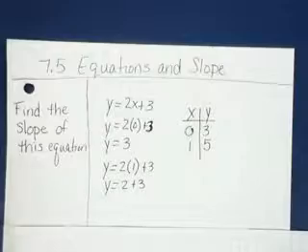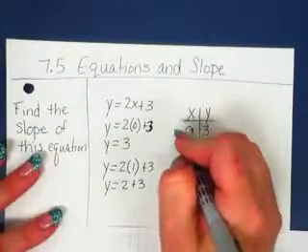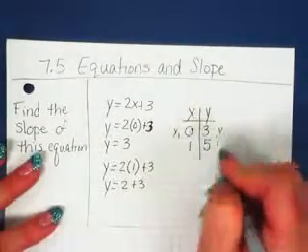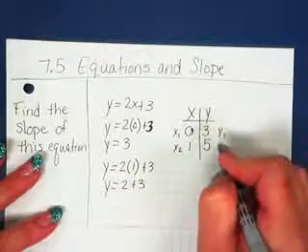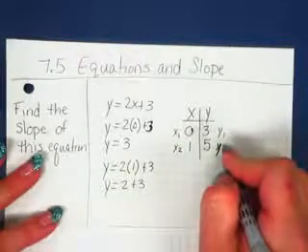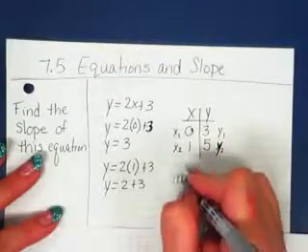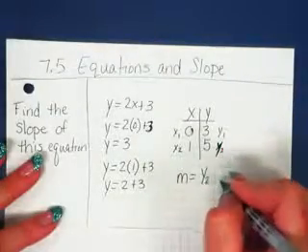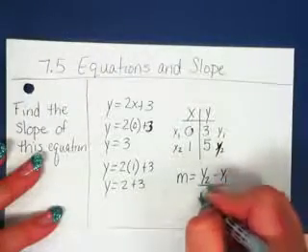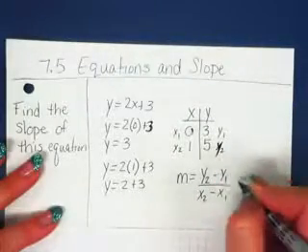So now I have 2 points. This is my x1, and this is my y1, and this is my x2, and this is my y2. And now we use our equation. Slope is y sub 2 minus y sub 1 over x sub 2 minus x sub 1.